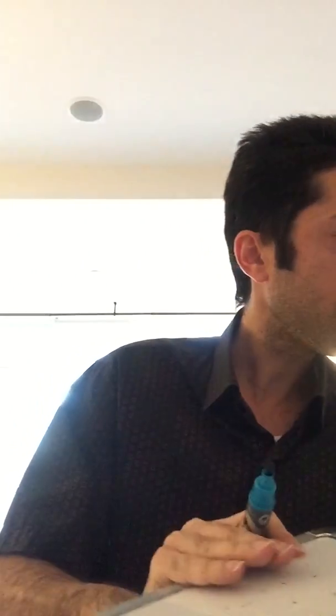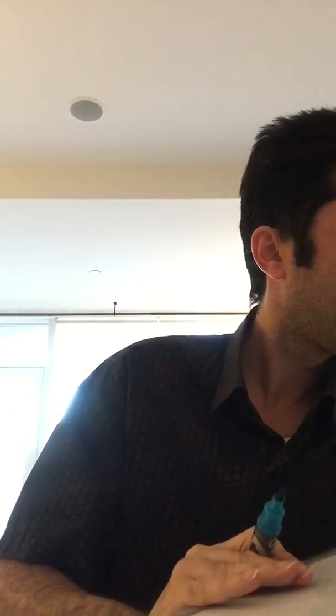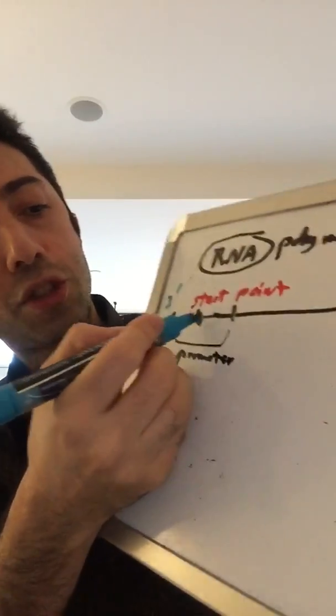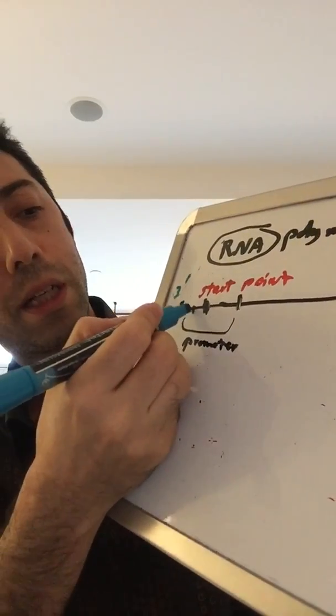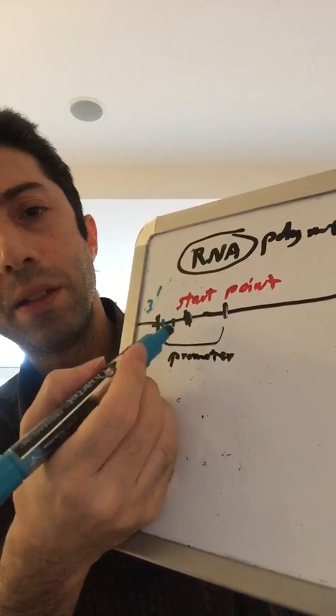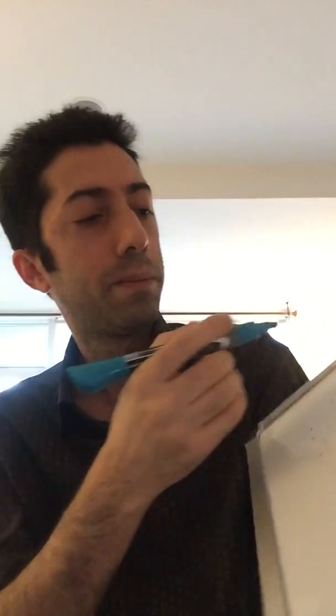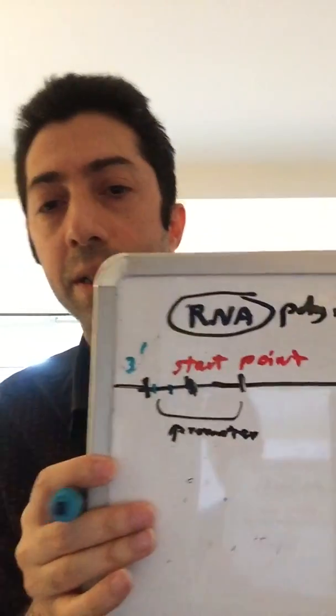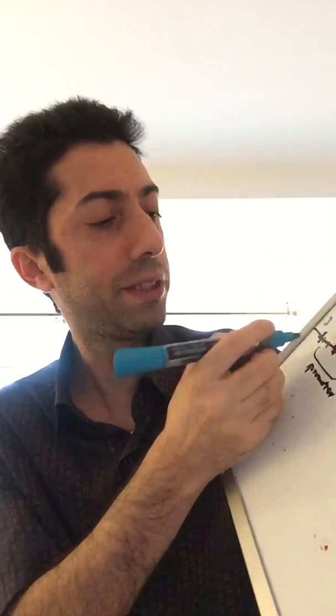Upstream to a start point, there's a few nucleotides that we call the TATA box. So here's the TATA box.